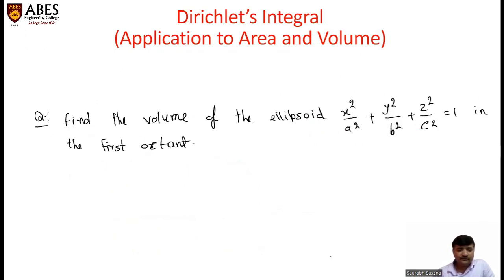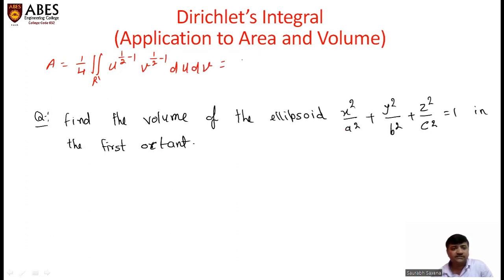So what we get? We get area is equal to 1 by 4 double integral over R dash u raised to the power 1 by 2 minus 1, v raised to the power 1 by 2 minus 1 du dv.